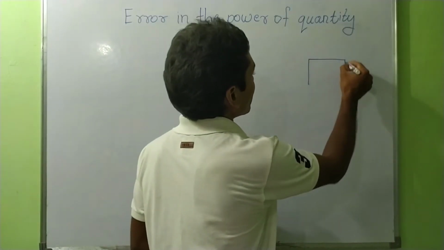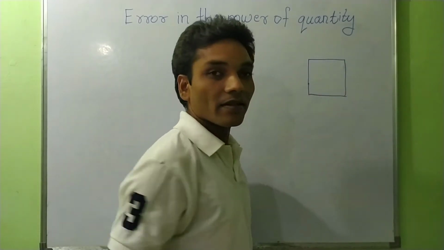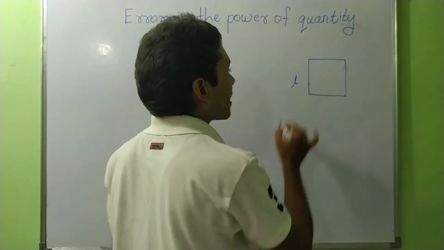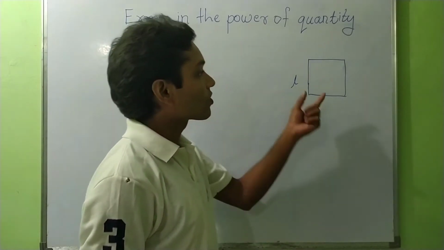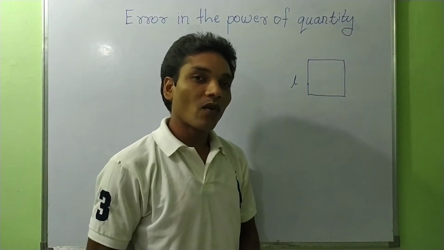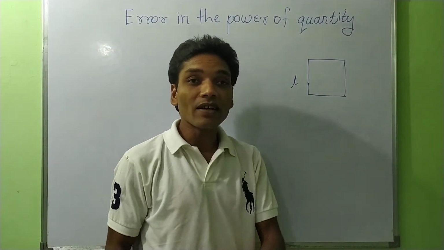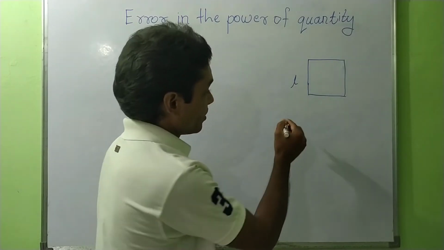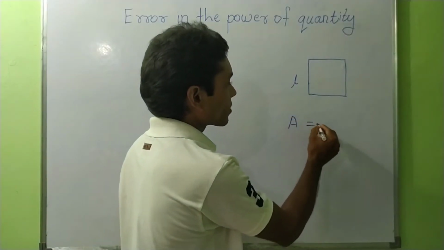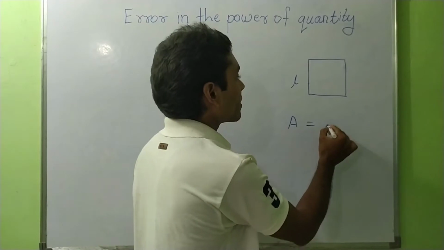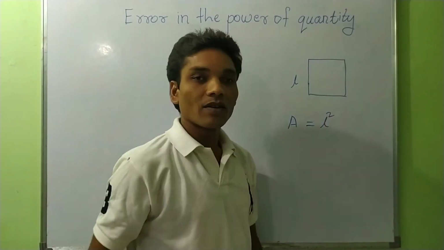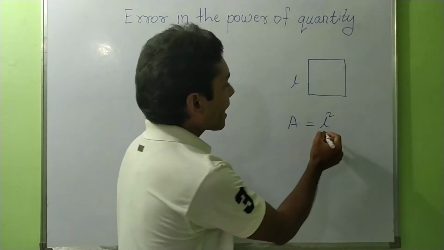Students, you know that this is a square. Suppose the length of the side of this square is L. What will be the area of this square? You know, the area of this square will be L squared.